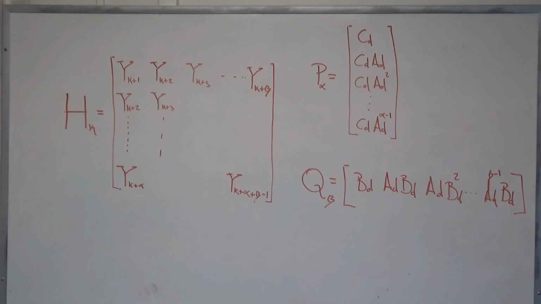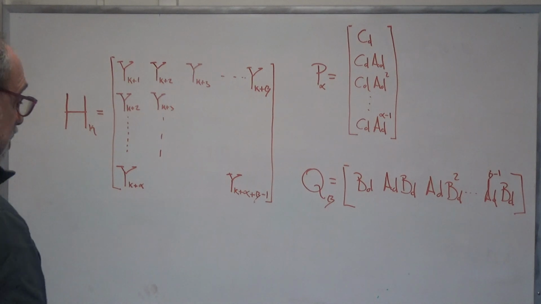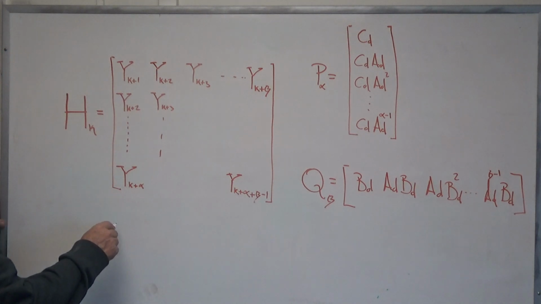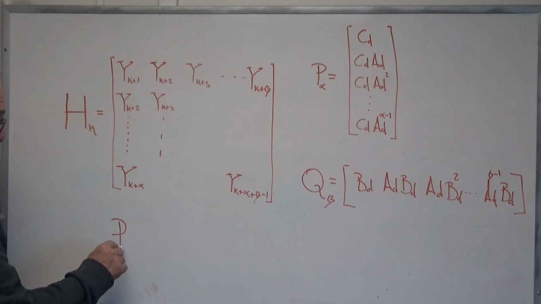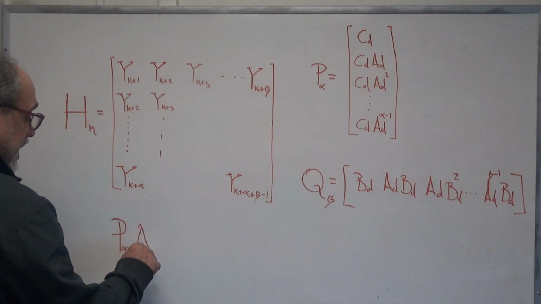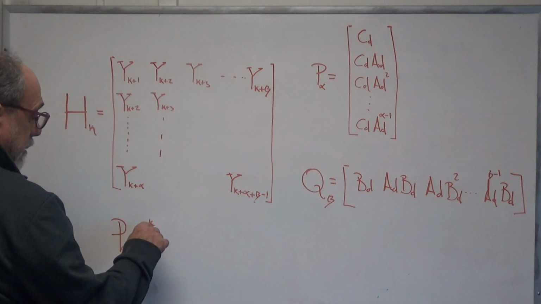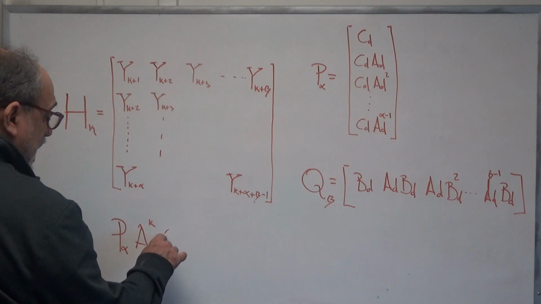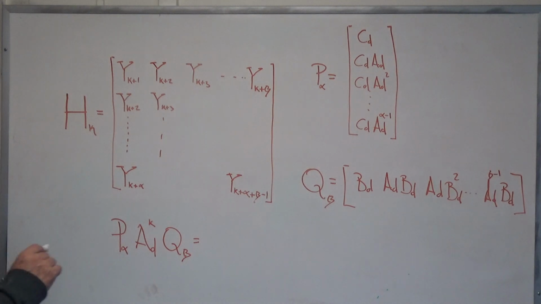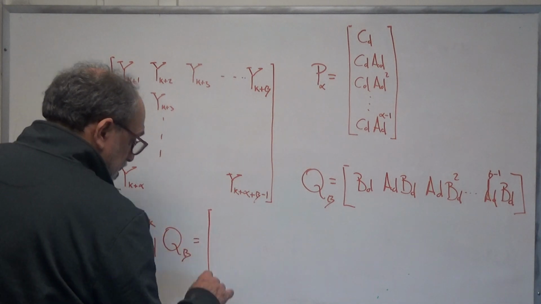Now, what we want to show now is, I have some room down here. It's not a lot of room, but it should be sufficient. If we take P alpha, the observability block, and we multiply P alpha times AD to the K, and then we multiply it by Q beta, let's see what that gives us.